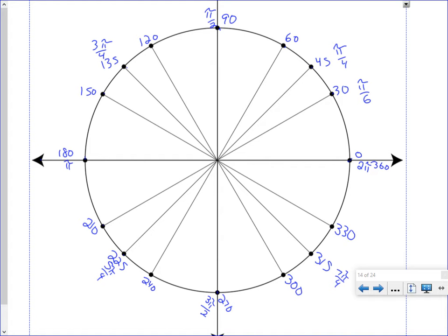At 60 degrees, it's 2 pi over 6, but we write that as pi over 3. At 90, it would be 3 pi over 6.